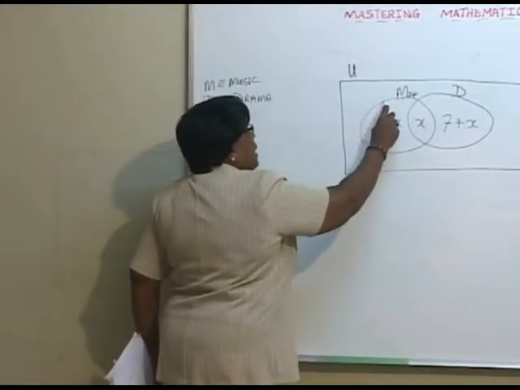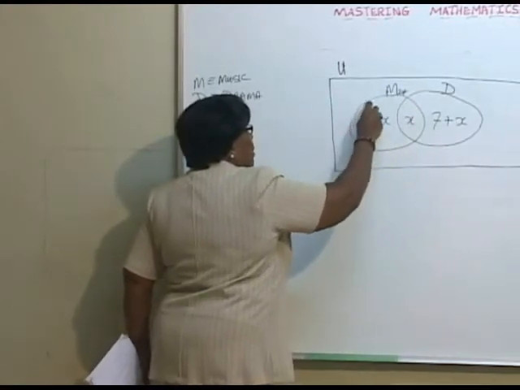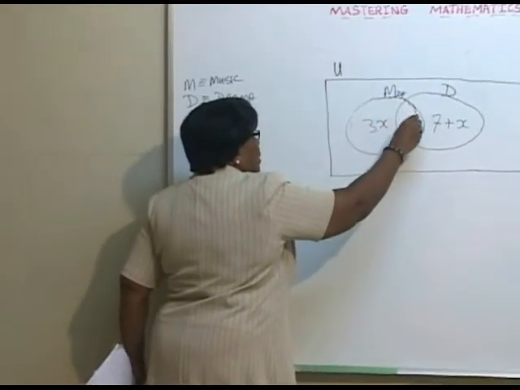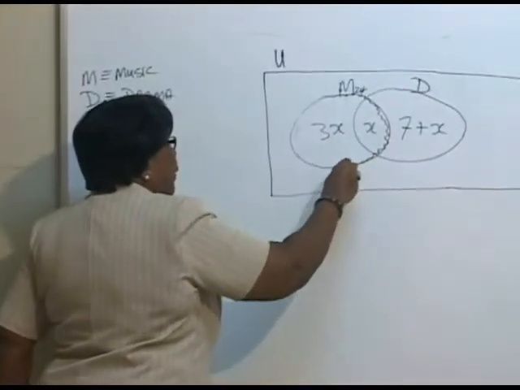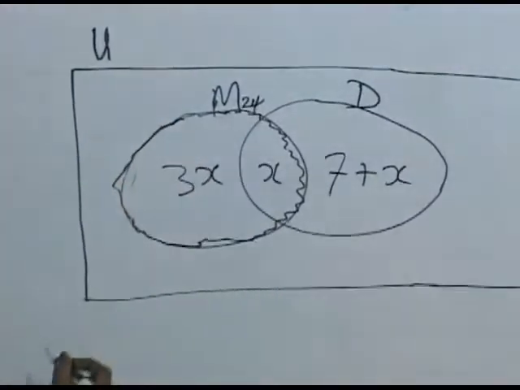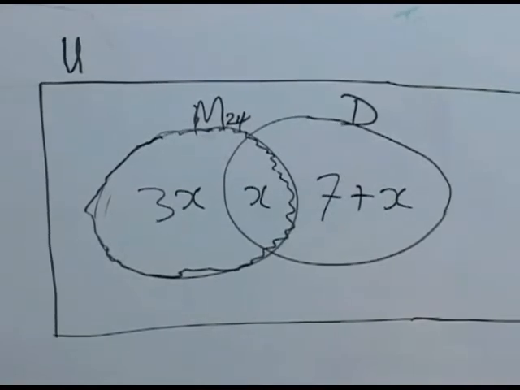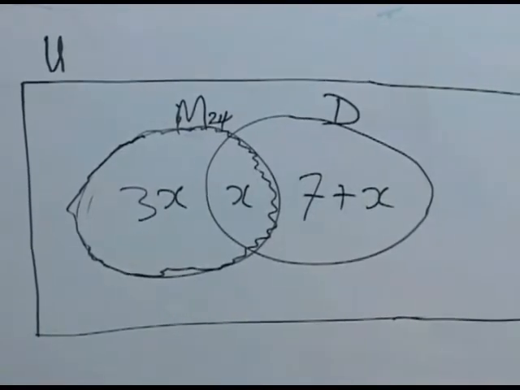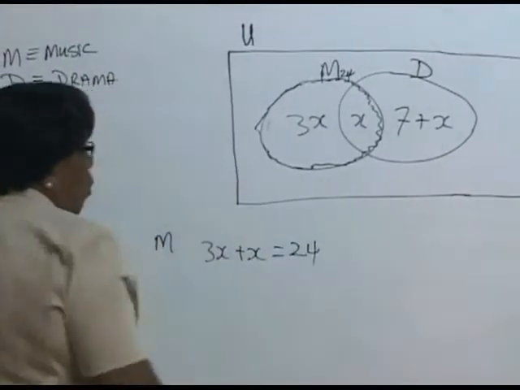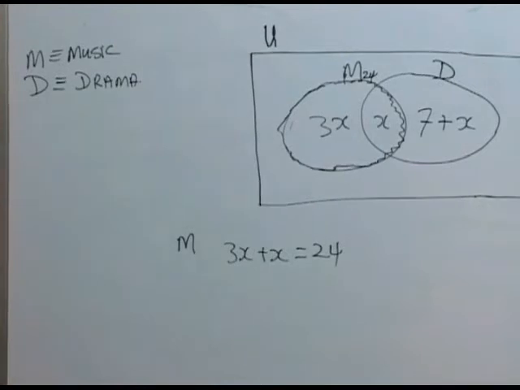Can you see that the set of music students is made up of this circle here, so it comprises 2 sets of people, okay? So for music, we can say 3x plus x is equal to 24. That is what we're using to get that information, okay?